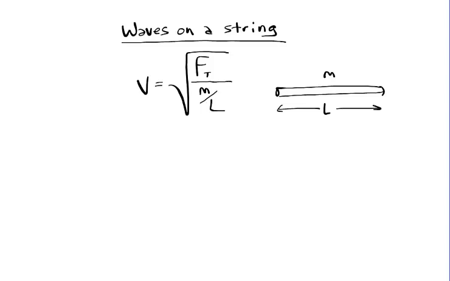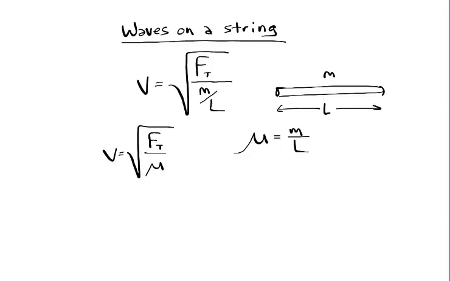Sometimes this mass per length is abbreviated using a mu. I know this is kind of unfortunate because we use the same symbol for the coefficient of friction, and don't worry, we'll use it for other things too, so lots of confusion for you guys. So again, we could rewrite this equation in this manner, but it means the same thing.